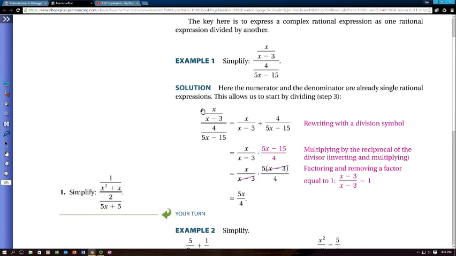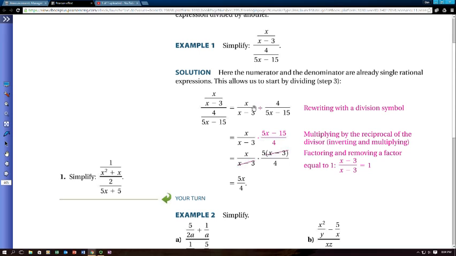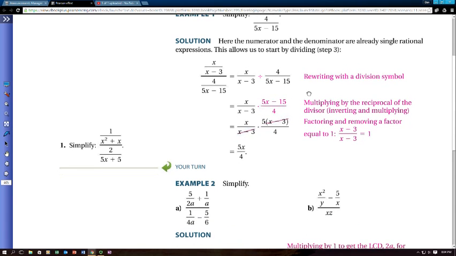This big division bar is really division, so they rewrite this as division: one fraction divided by the other fraction, the numerator divided by the denominator.